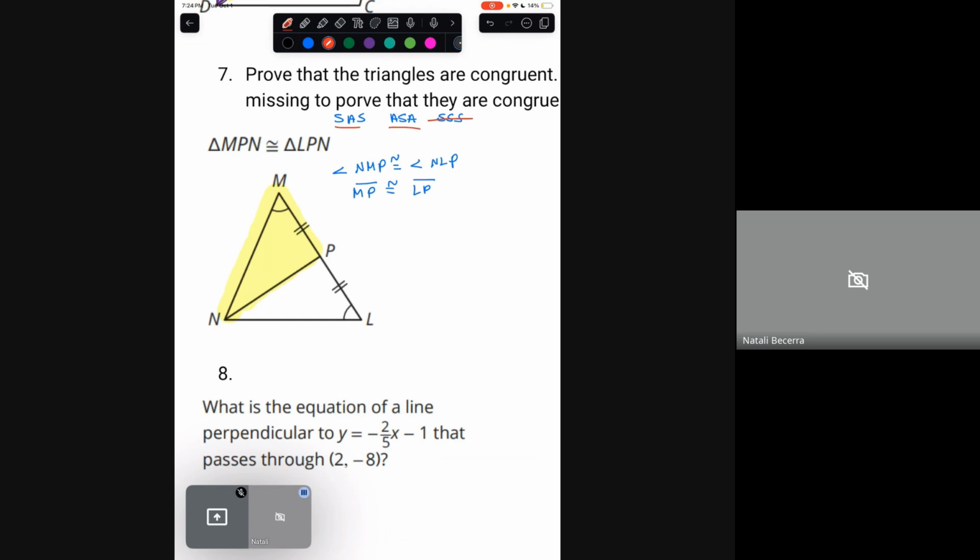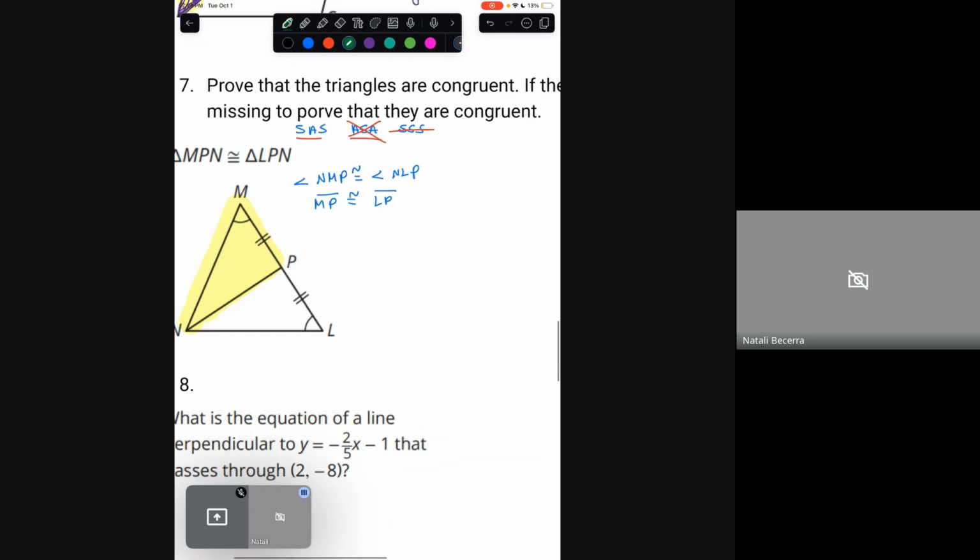Now, is there any way for me to prove that they share an angle? No, there's no way for me to prove that they share an angle. So it can't be angle, side, angle because there's no two angles. I only have one. Now, could it be side, angle, side? Yes, if they show, so this doesn't show that it's congruent.